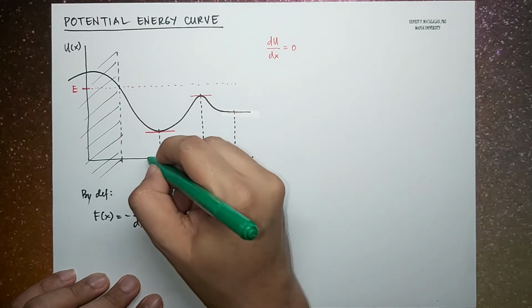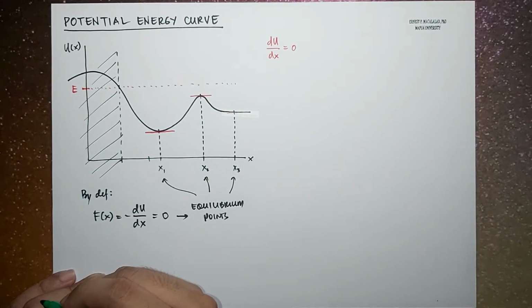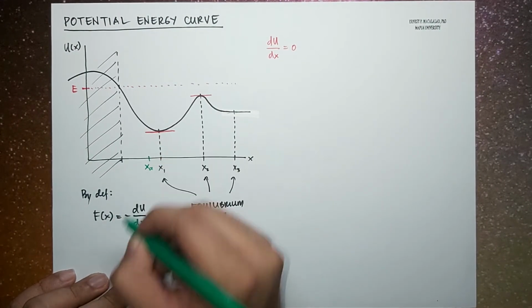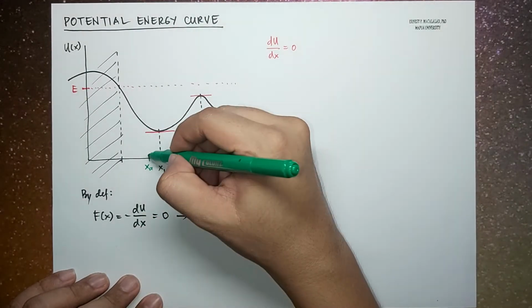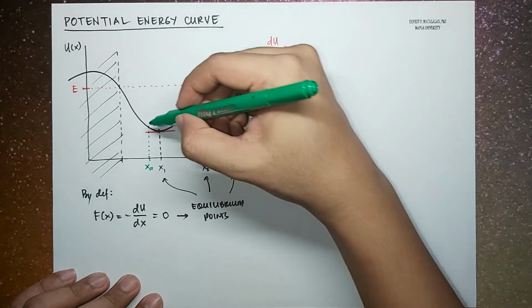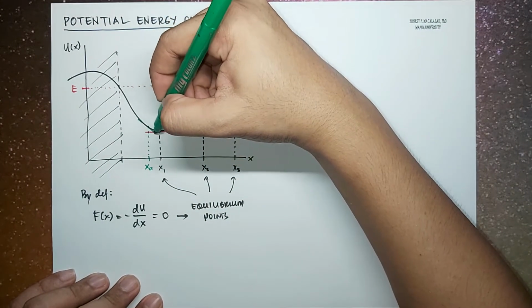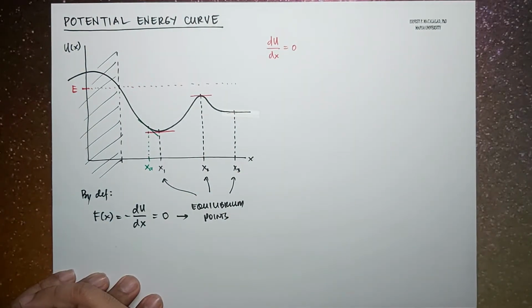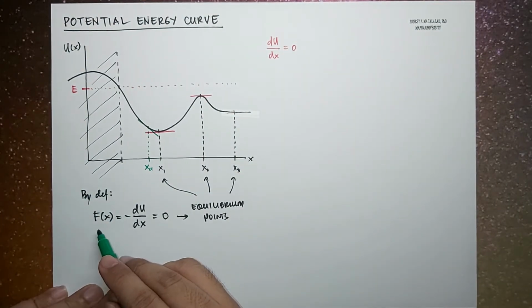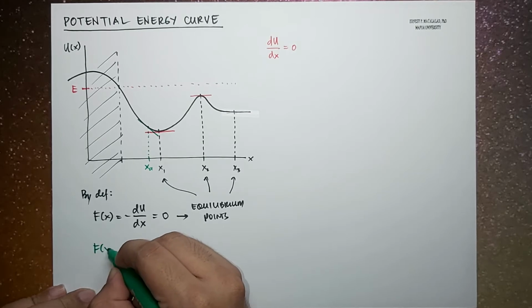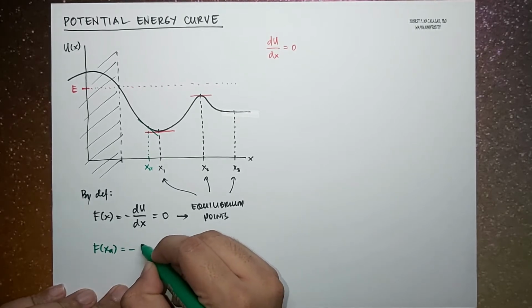let's say here, let's call this xa. You notice that the slope of the graph here is negative. By definition, again, F at xa is the negative derivative with respect to x.